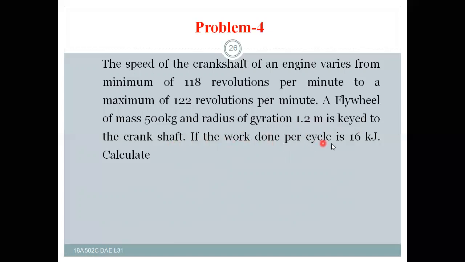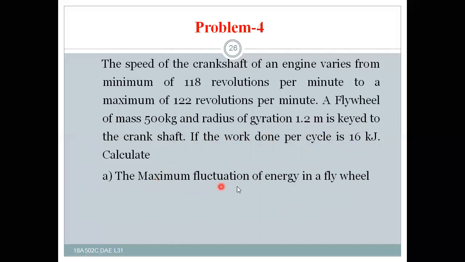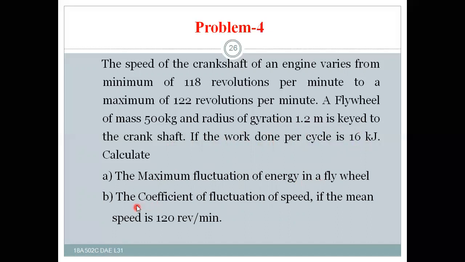If the work done per cycle is 60 kilojoules, calculate the maximum fluctuation of energy in the flywheel, then the coefficient of fluctuation of speed, if the mean speed is 120 revolutions per minute, and the coefficient of fluctuation of energy. This you can calculate very easily.